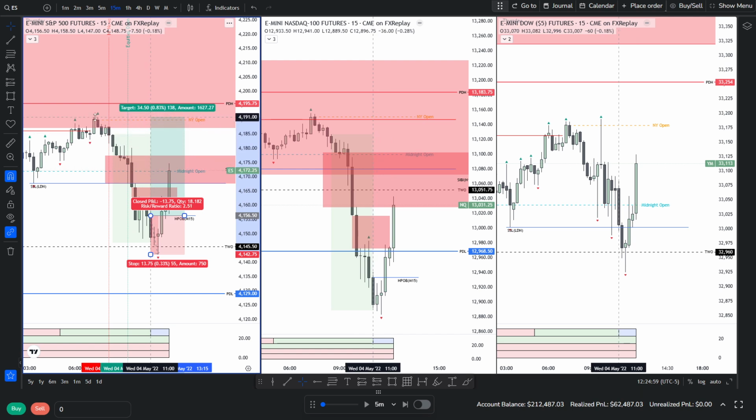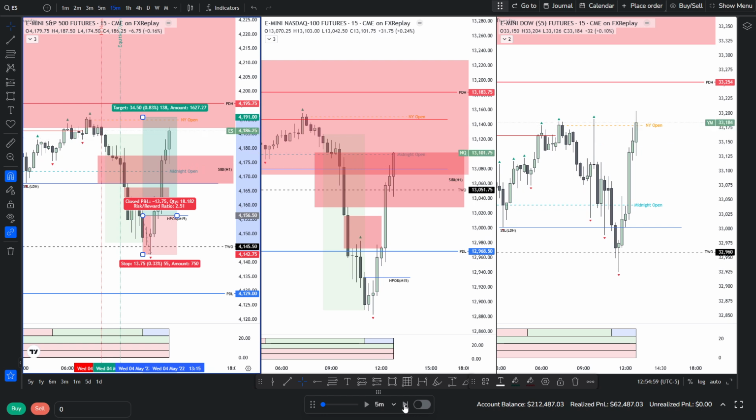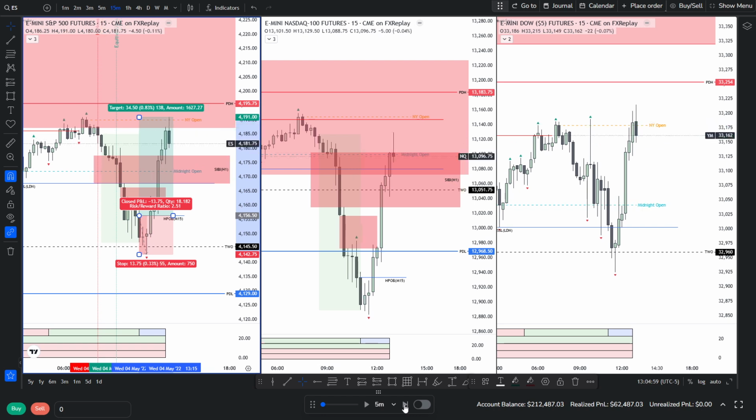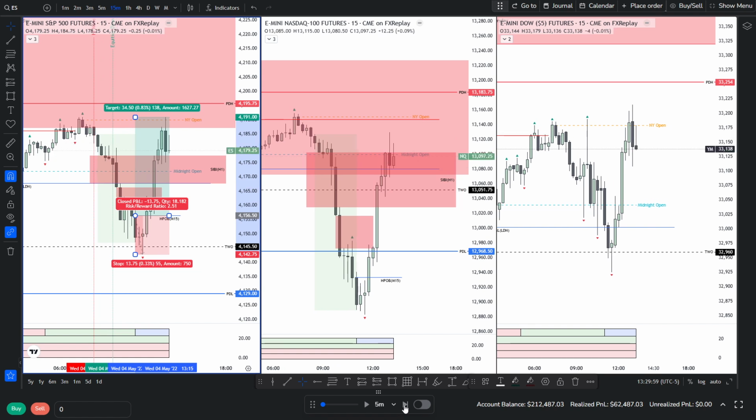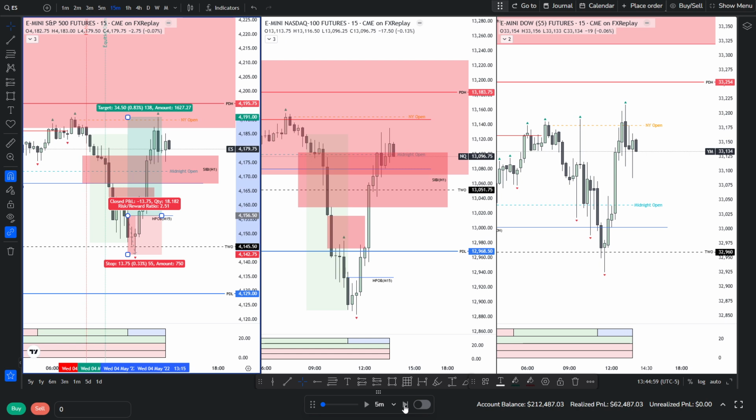Targeting, let's say that high for now. Yeah, it did get there. Probably going to target the previous day's high now.